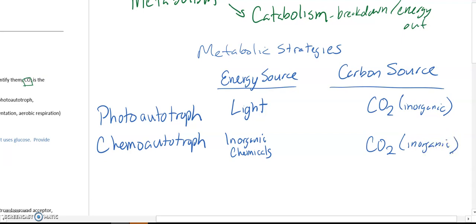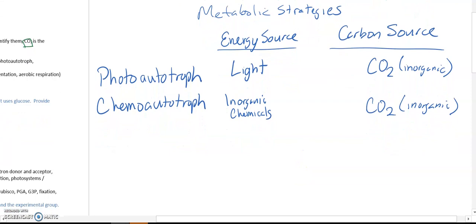All right. So those are the 2 autotrophs. Autotroph means self-feeding, so it's got to build its own organic material. There's no organic molecules to start. It uses an energy source and carbon dioxide to make organic matter. Make sense? Self-feeding, making food itself.